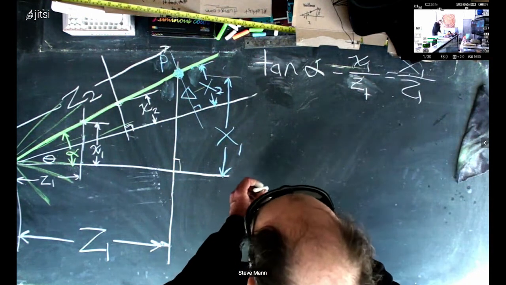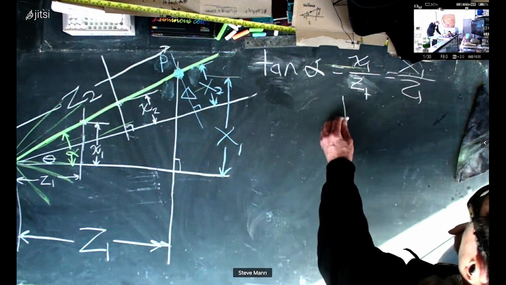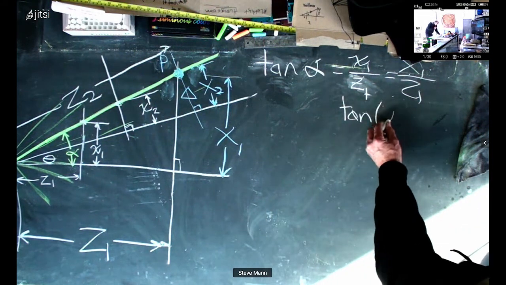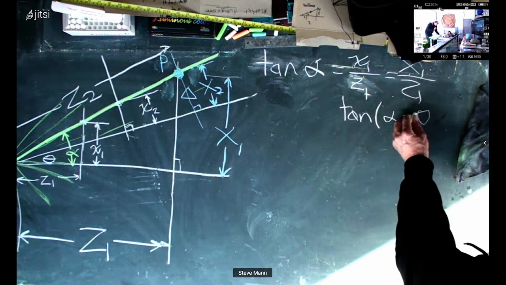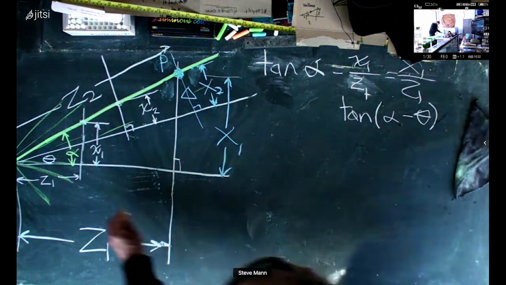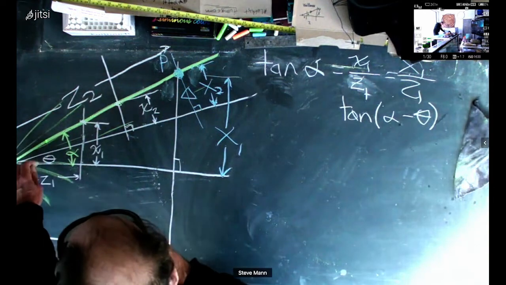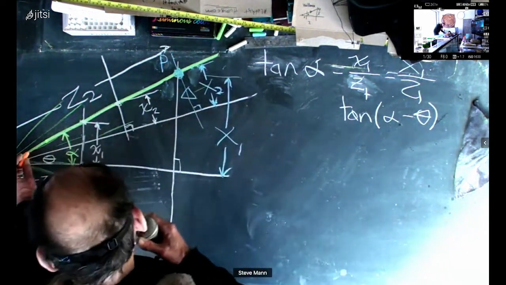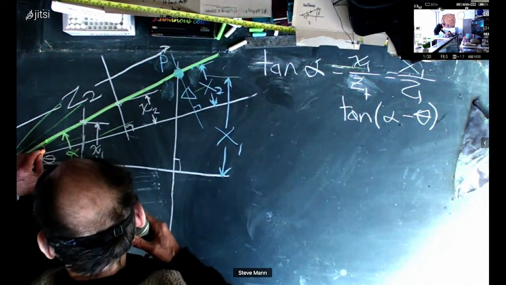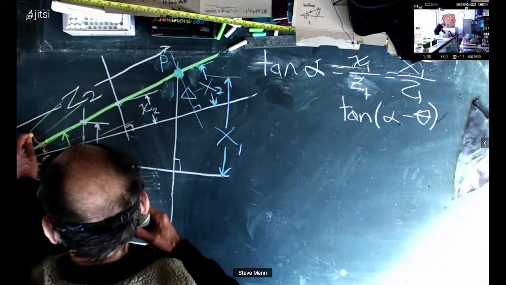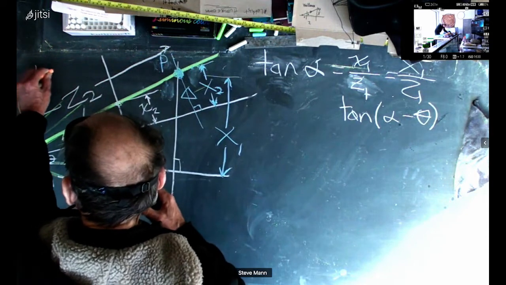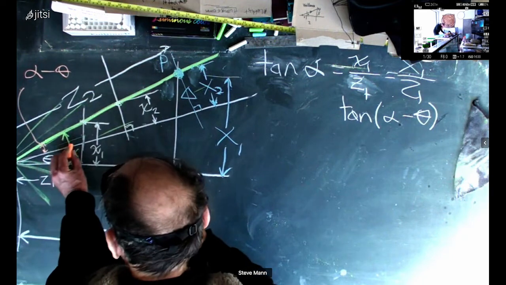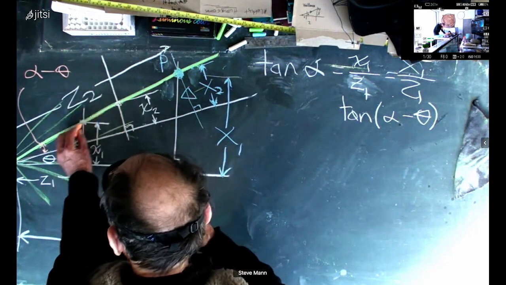And then now the other angle that we have is tan of alpha minus theta, and that's the angle in this second camera. So this little angle here, I'll fill that in orange here. That little angle here is alpha minus theta. And so that forms a little triangle here, like this.